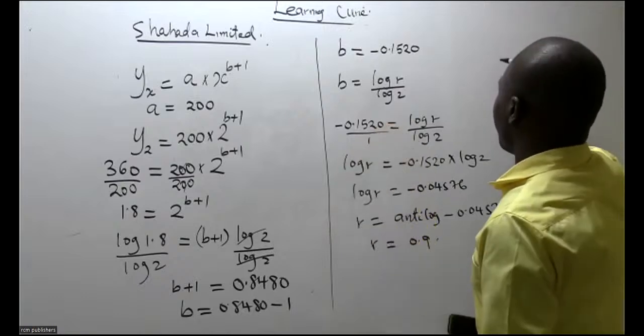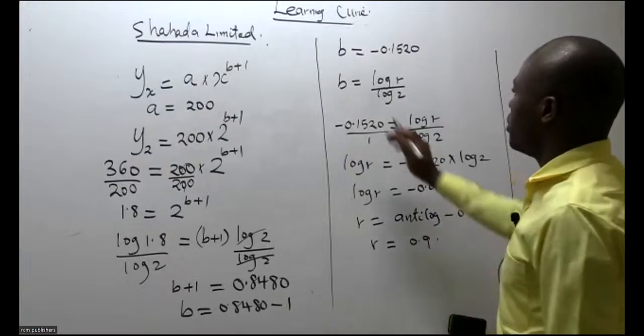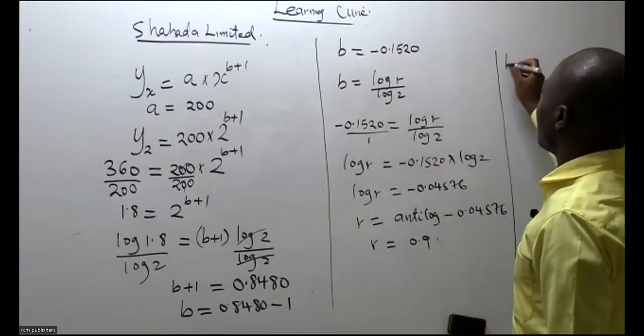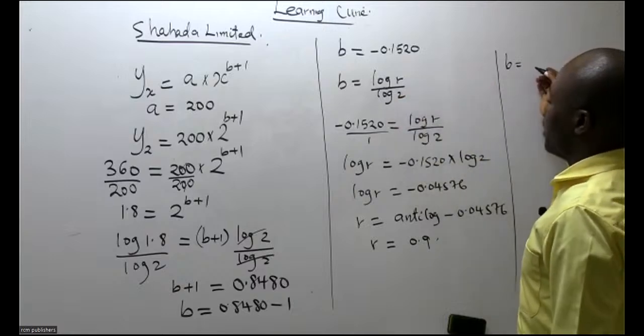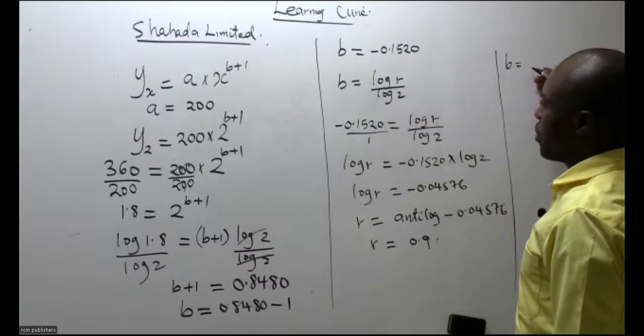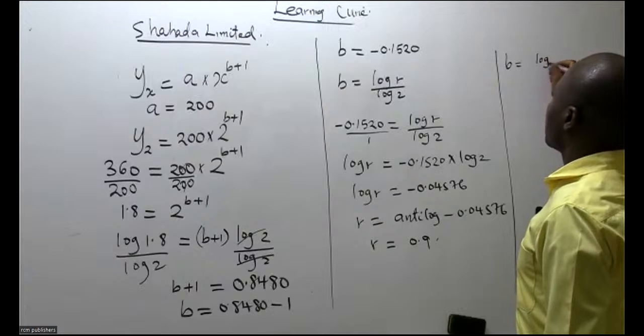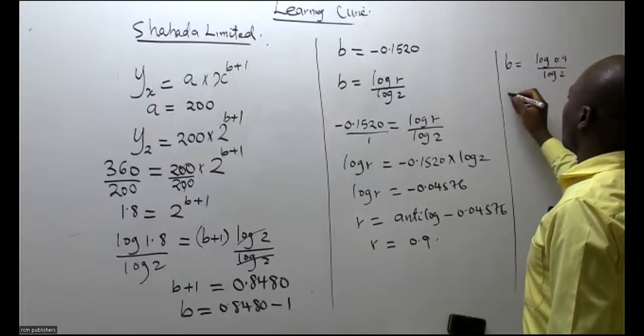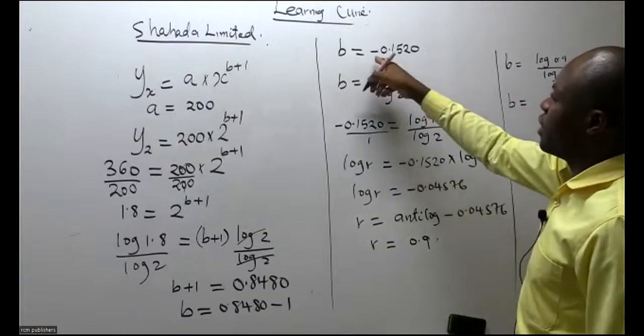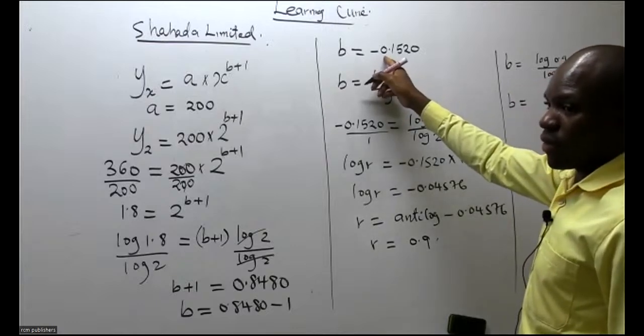You can even confirm how you are getting B. Just take your log, just say log 0.9 divided by log 2. Then confirm if you're getting the value of B as this one here.